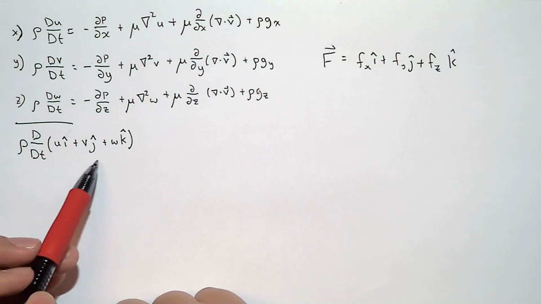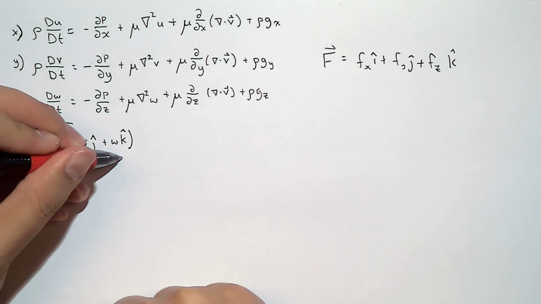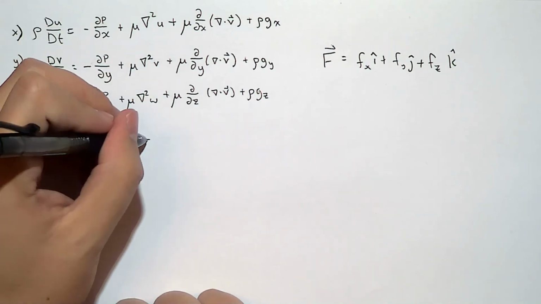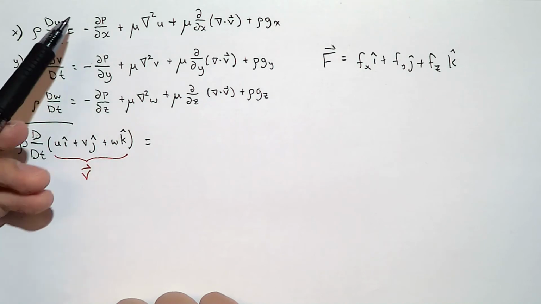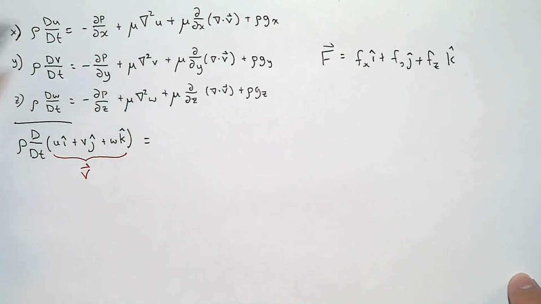Has anybody seen this vector before? Velocity, isn't it? Yep, this is just my velocity vector. If I add these three terms, negative ∂p/∂x, minus ∂p/∂y, minus ∂p/∂z, what do these three terms have in common? Well, I guess there's a negative one there that we can factor out.